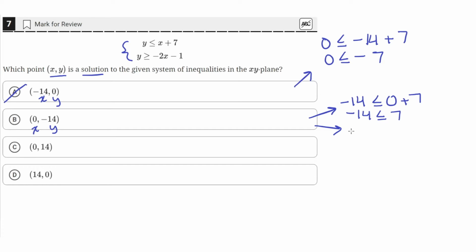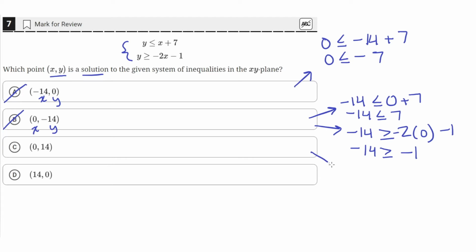So the second equation says that negative 14 is greater than or equal to negative 2 times 0 minus 1, which simplifies to negative 14 is greater than or equal to negative 1, which is incorrect. Negative 14 is a larger negative number than negative 1, which means negative 14 is actually smaller than negative 1. So we can rule out answer choice B as well, since it does not satisfy the second equation.